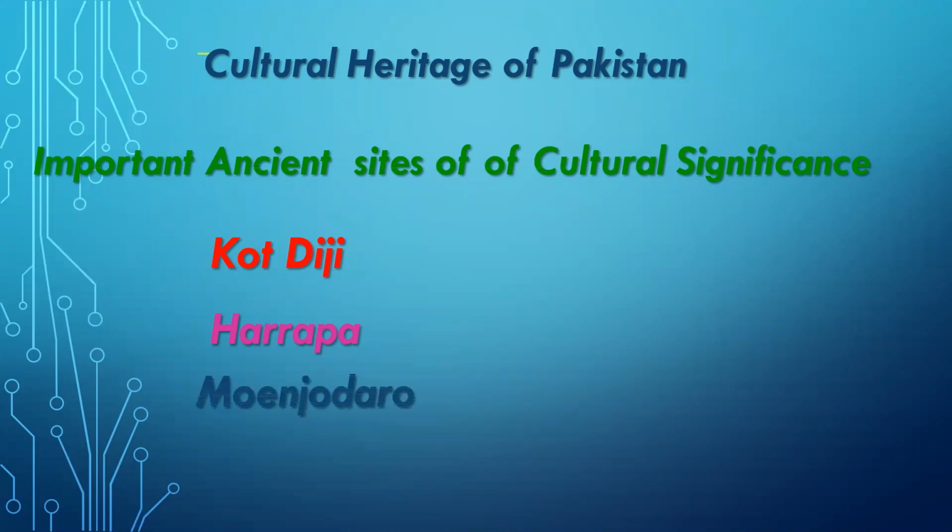Next, we will discuss Mohenjo-daro. In the Sindhi language it literally means the mound of the dead. Obviously, this is not the original name of the city. It was given after the ruins of the city were unearthed in the last century, and it is a contemporary of Harappa.